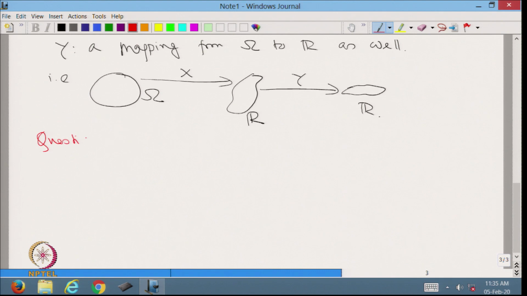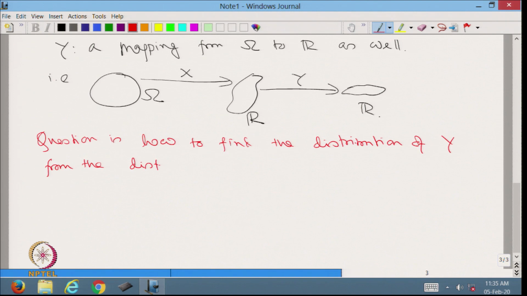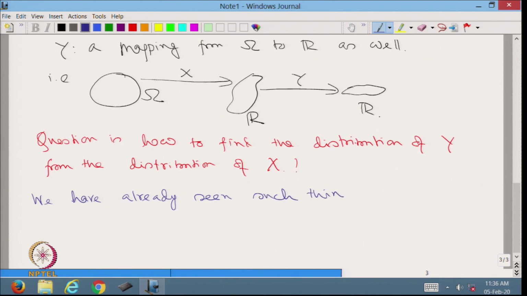The question is, how to find the distribution of y from the distribution of x. We have already seen such things, for example, variance of x is equal to expected value of x square minus expected value of x whole square.